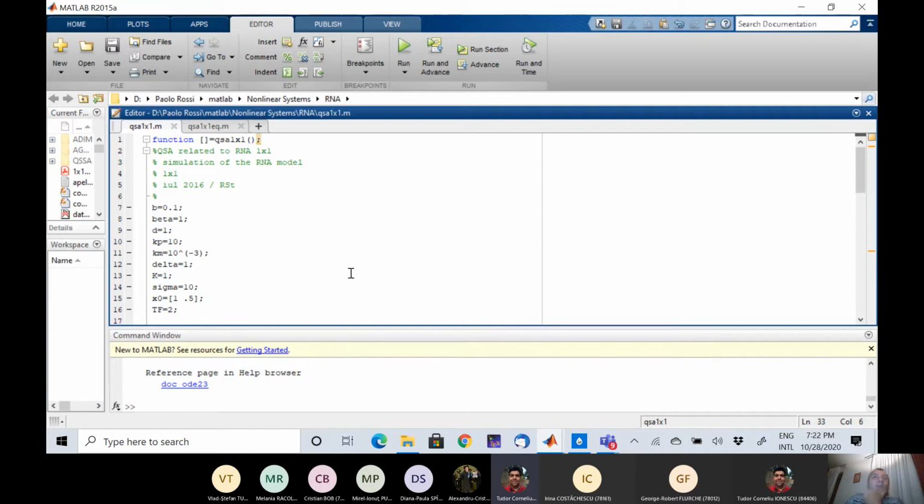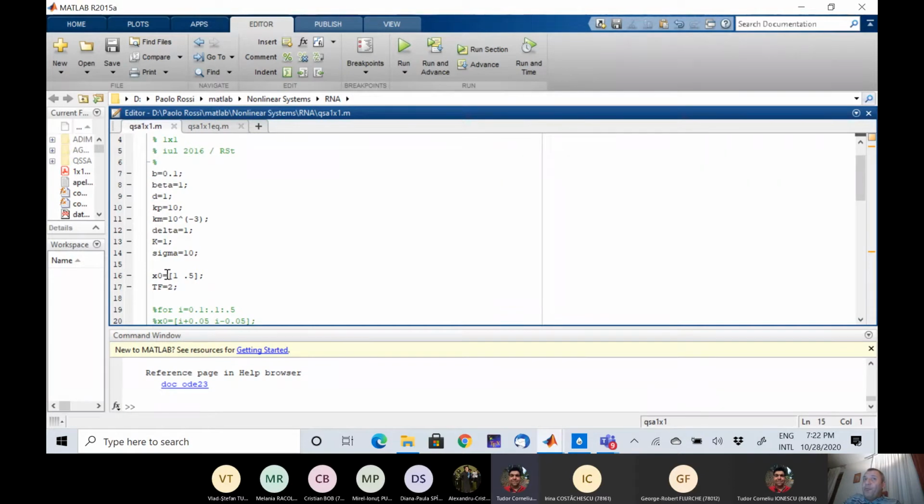But what do we need here? First of all, we need the values for the parameters. That's very important. Put the values of the parameters. You can vary for every simulation the values of the parameters. You can take intervals of the values of the parameters and see how the system behaves. So all freedom is here.